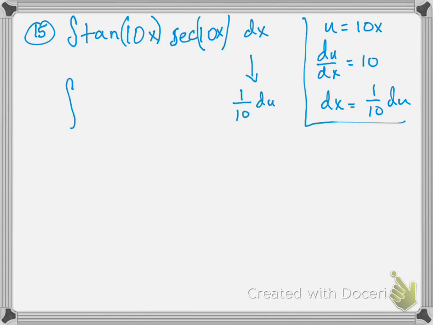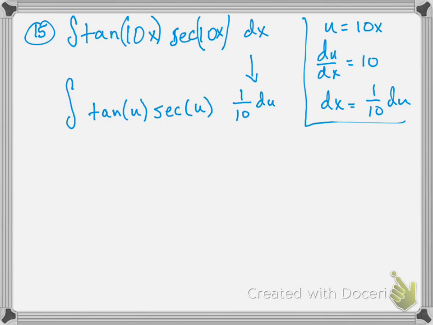All right, so my integral now looks like the tan of u secant u times 1/10 du. So secant, tangent, right together. One of your list of rules says the integral of secant tangent is just secant.